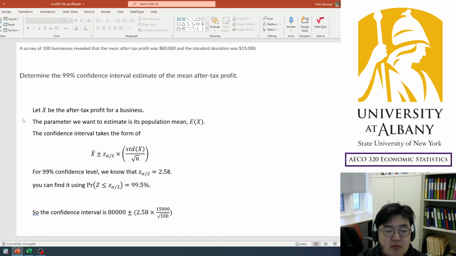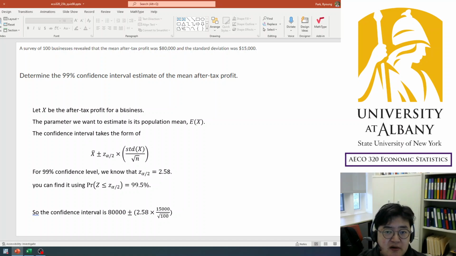And the parameter is the population mean, which is unknown unless you observe an infinite number of businesses. And then the confidence interval, because we are estimating the population mean, we may use this formula. So the confidence interval looks like this. And again, we only need 4 numbers.